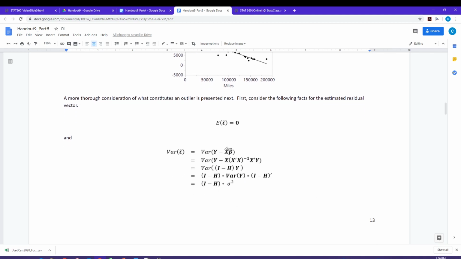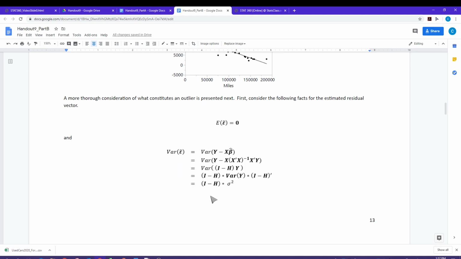So we can do a little bit of matrix algebra here. And it turns out that the variability in the residual vector has a sigma squared in it, but also it has these hat values that we talked about previously in Part A of this handout. So this is actually a matrix here, because this is a residual vector here.